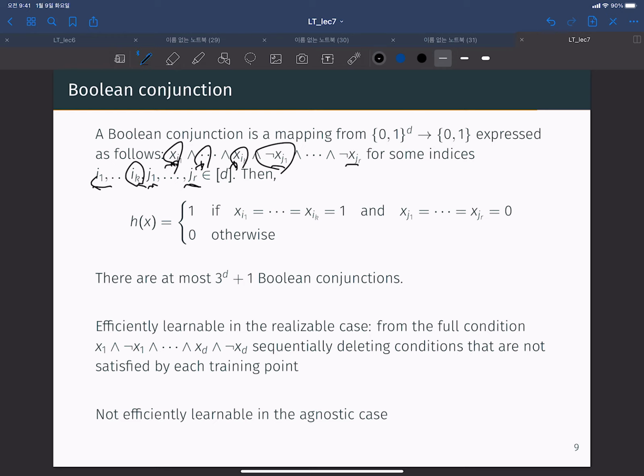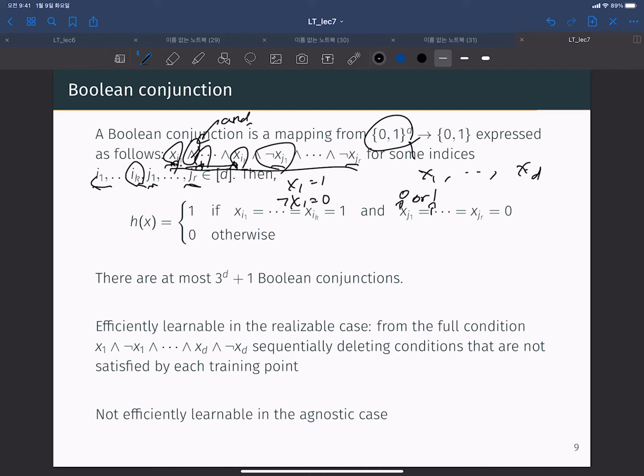What is the meaning of this statement? Basically the input space is a d-dimensional Boolean domain. So each x1 to xd has value 0 or 1, false or true. So x1 itself will have value 0 or 1. For instance, if x1 is equal to 1, then not x1 is equal to 0. And this is not or, it is and, sorry.